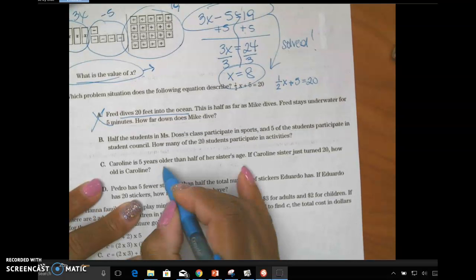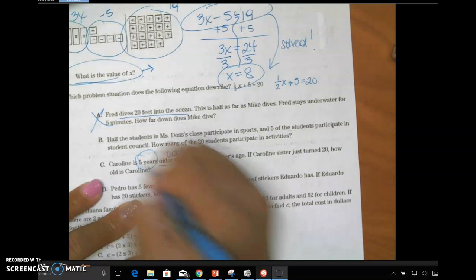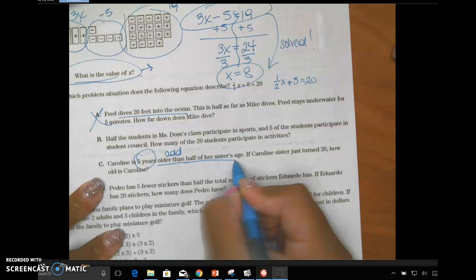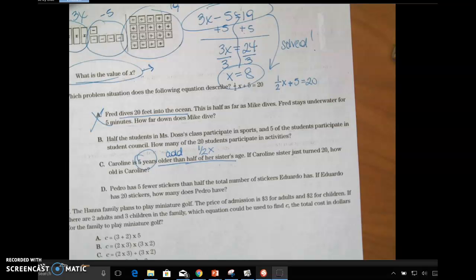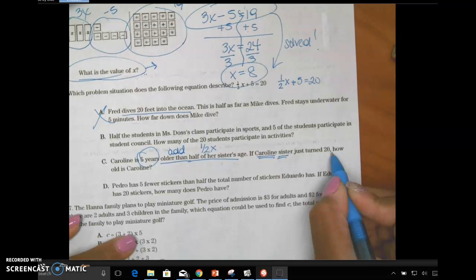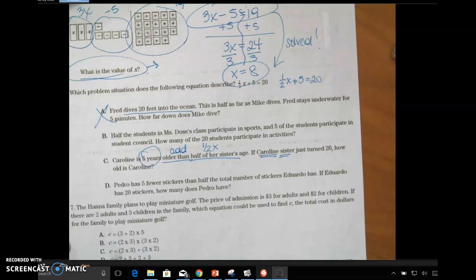So older than means add. Add 5 to half of her age. What is 20? Her age. If Caroline's sister just turned 20, how old is Caroline? That could be it too.